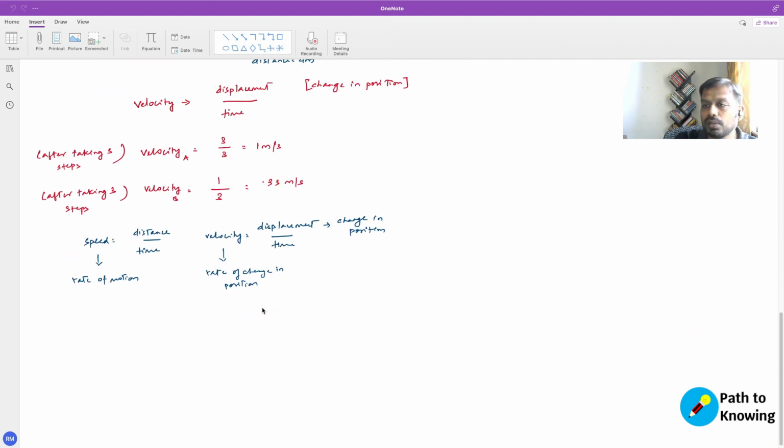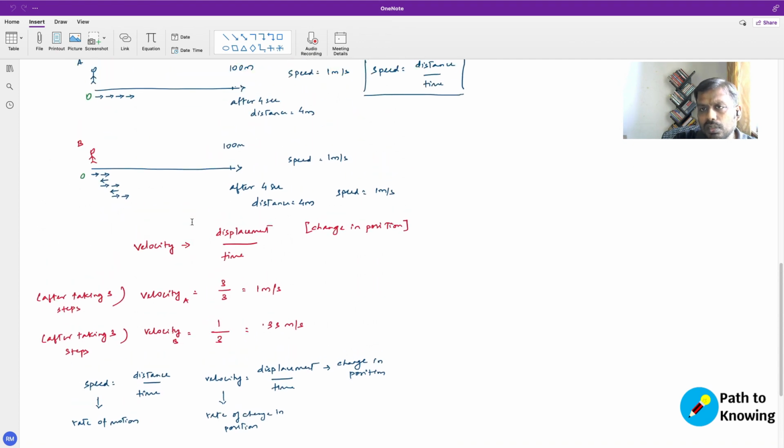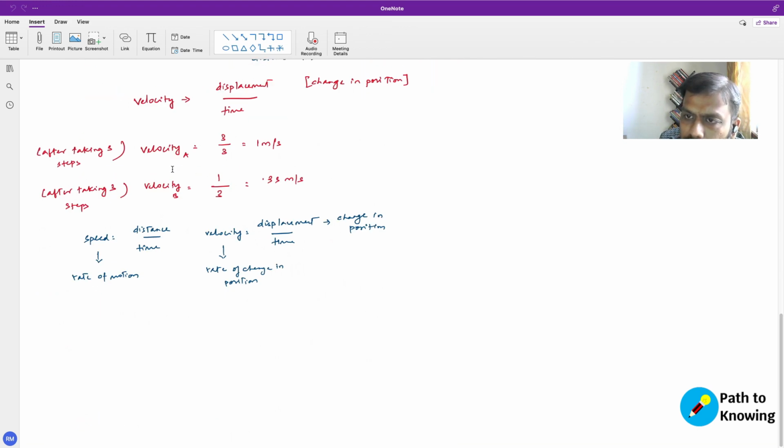So that's the idea. Now, what is that aspect that we missed with the velocity? To understand that, let's consider a third person. Let's consider three people walking now. We have person A, who walks from the origin, takes the same step, and keeps moving, and the speed is 1 meter per second.